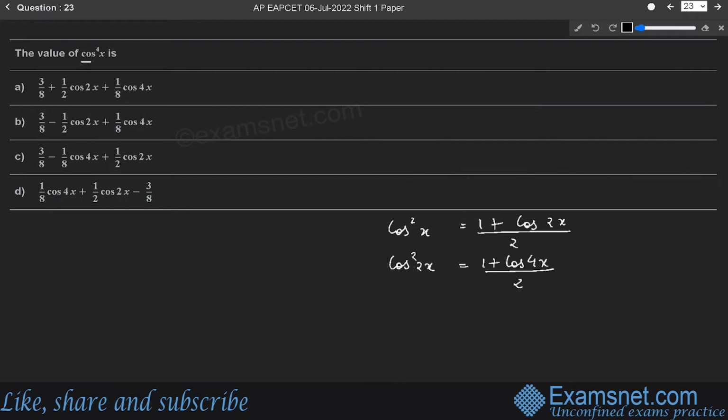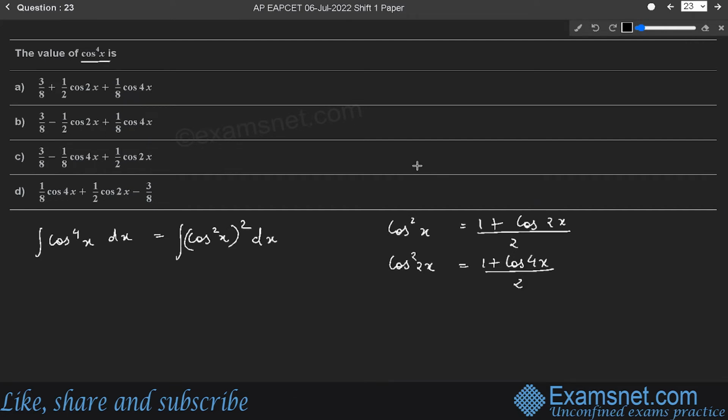Now let us take the integral of this term. So integral of cos power 4x dx can be written as integral of cos square x whole square dx.